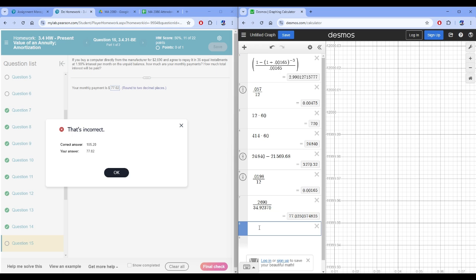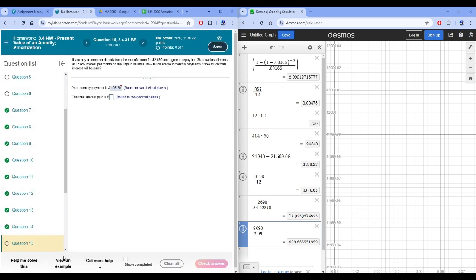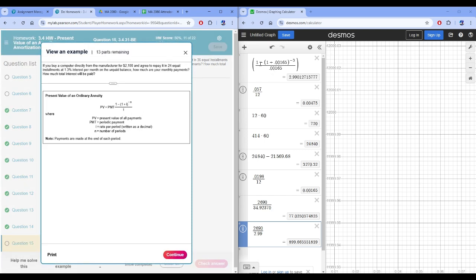So now if I do 2690 divided by 2.99, no, that's way off. Still. 0.015. Where did I get this wrong? 1 minus 1 plus I raised to the negative that.